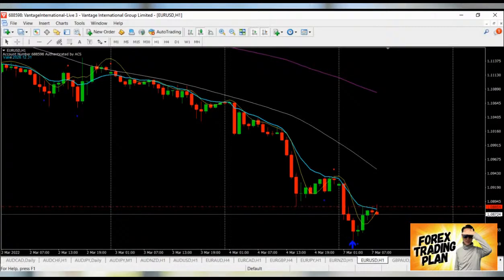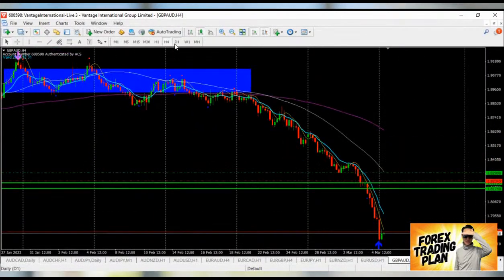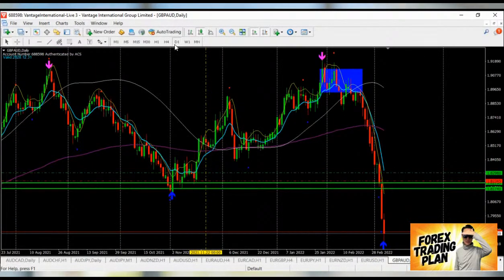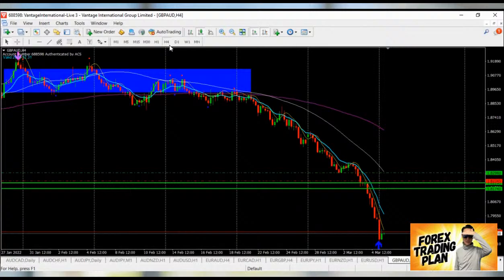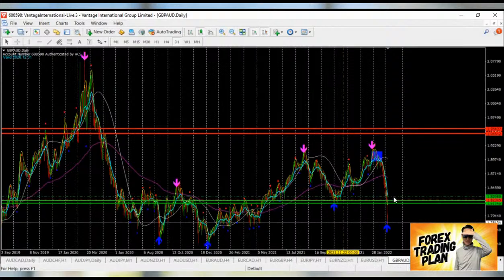Okay, let's move again to pound Aussie. Yes, it continues the selling, and the selling is still very strong. By looking at this pound Aussie, it seems like it's coming to an end of selling, but let's check first.